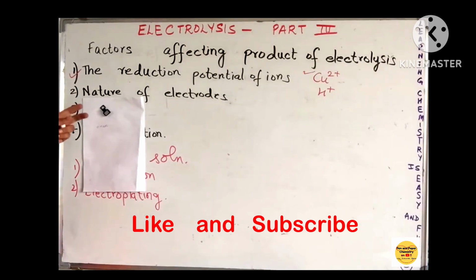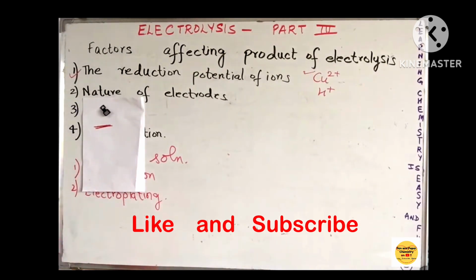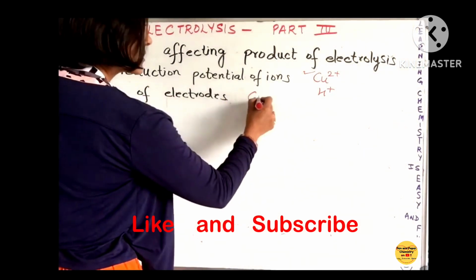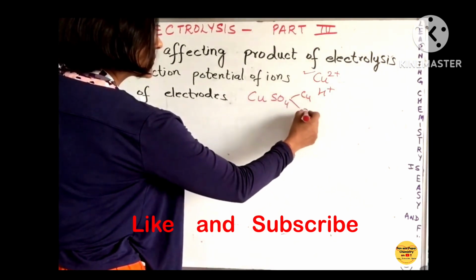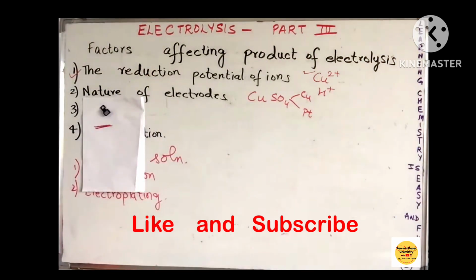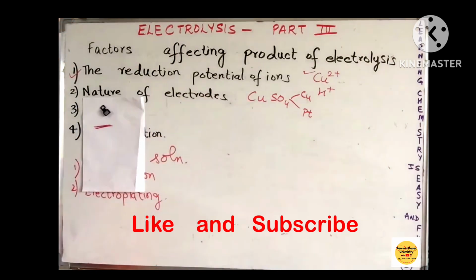Same way for hydroxyl and sulfate, looking at their reduction potential, we could say which one of these will get discharged. The second is the nature of the electrode. We had electrolysis of copper sulfate using copper electrodes and using platinum electrodes, and we noticed that the product obtained at the anode varies depending on the electrode that you have used in the course of electrolysis.